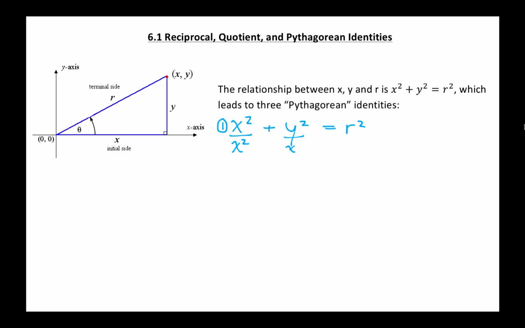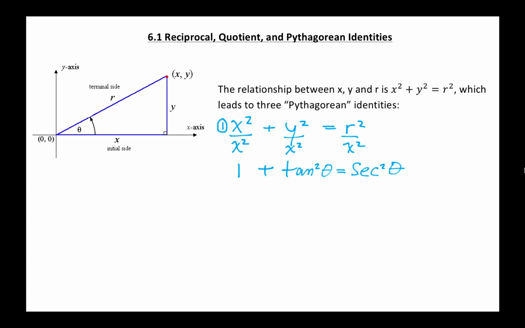So first of all, if we take this equation and we divide all of the terms by x squared, we get 1 plus tan squared theta is equal to secant squared theta. Because don't forget that y over x is just tangent, r over x is the reciprocal of x over r. X over r is cosine, r over x is secant, so this is secant squared theta.